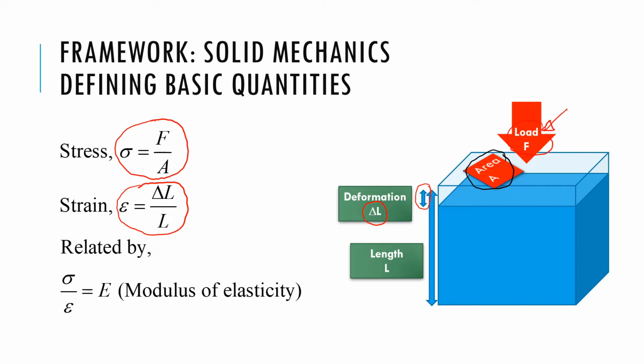And so these stress and strain are related by the material property, and the simplest of them is this linear elastic material that we know of. So stress over strain is the Young's modulus, E, or the modulus of elasticity.